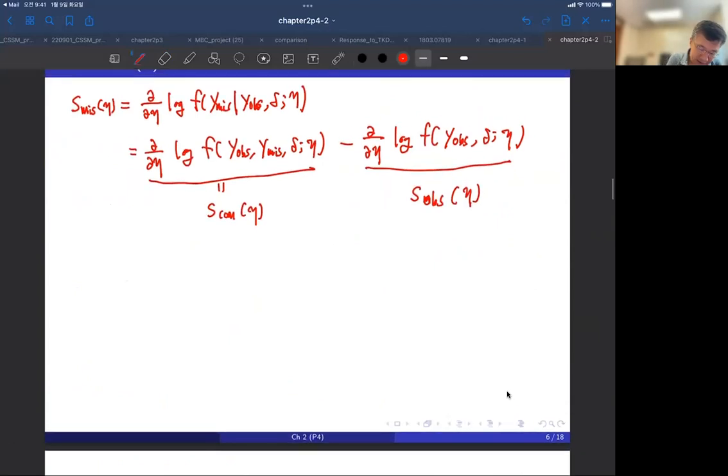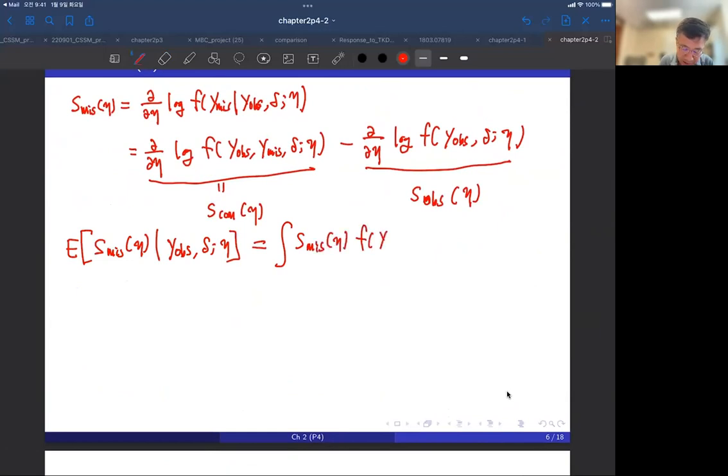We already discussed this before, but let's do it again. If you take the conditional expectation, the definition of this guy is S miss eta, f of y miss given y observed, delta, eta, d mu of y miss, right?